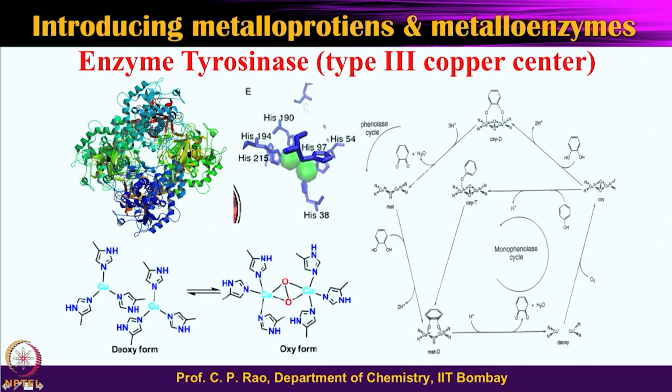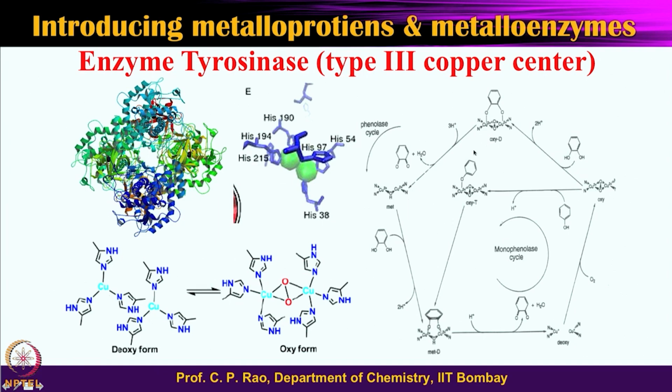The reactive center is shown over there, where these green balls correspond to the 2 copper centers, and there is no copper-copper bonding or connectivity at all. Both the copper centers are present in the copper 1 state, and both are connected to histidines. So, you can see a copper with 3 histidines, a copper with 3 histidines, and no copper-copper binding in this. So, this is in the copper 1 state.